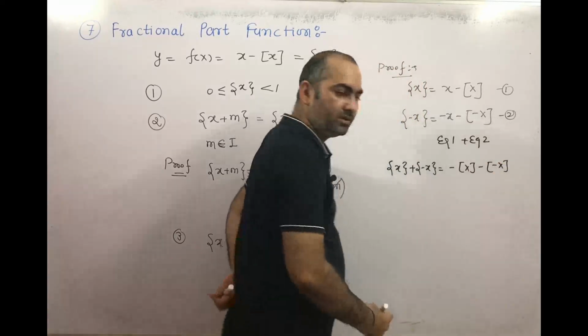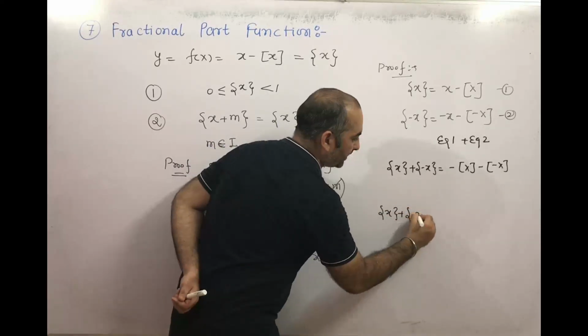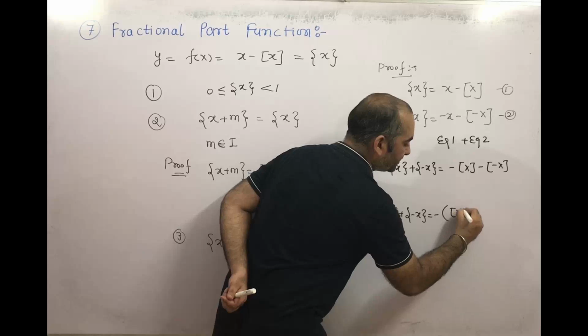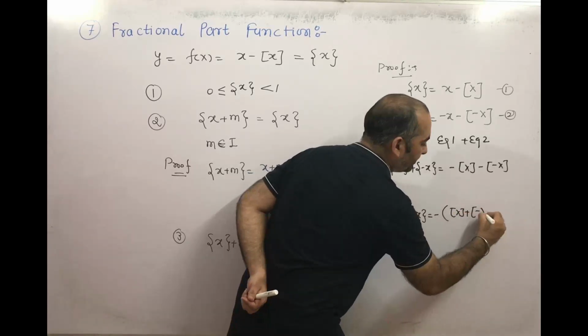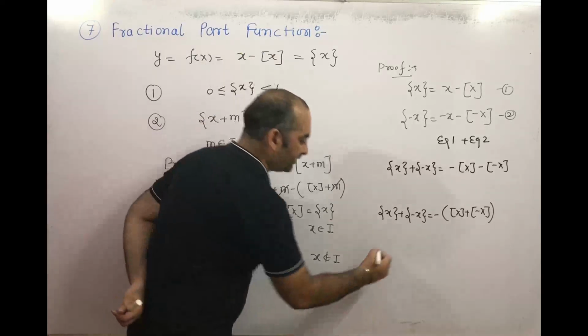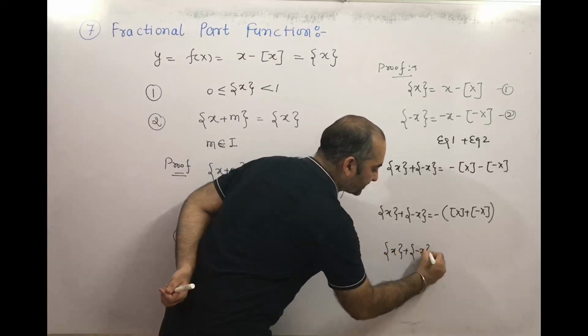So this can be written as the fractional part of x plus the fractional part of minus x equals minus, in bracket, the greatest integer of x plus the greatest integer of minus x.